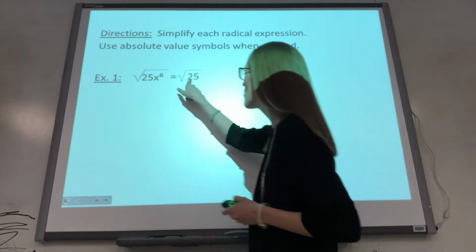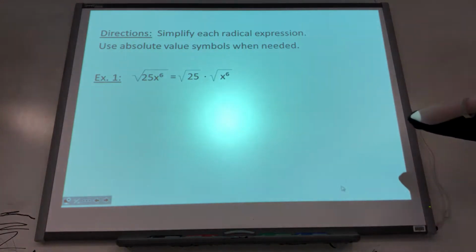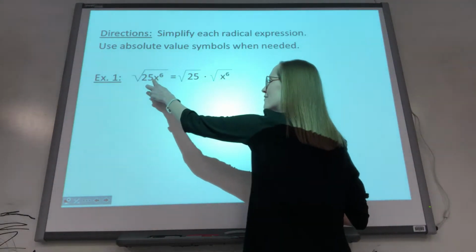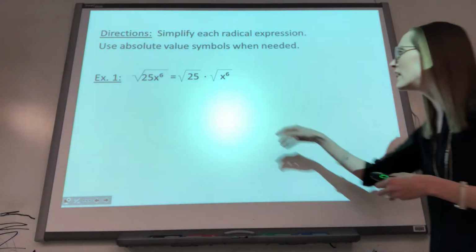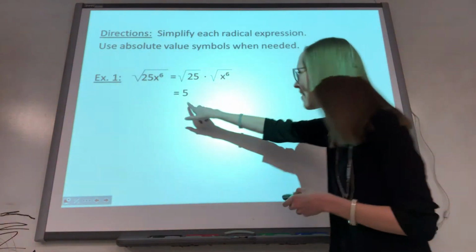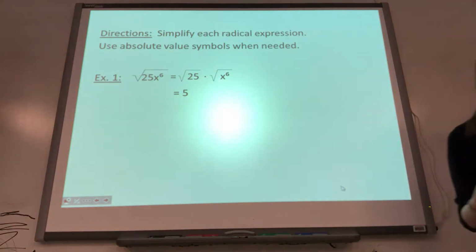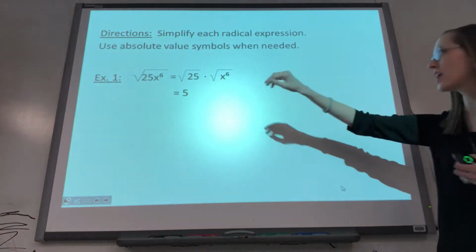You can take the square root of 25 times the square root of x to the 6th. You're not allowed to break it up like that if there's a sum or a difference underneath, but that's not what we have, so we should be good. Now, what is the square root of 25? 5, we got that.